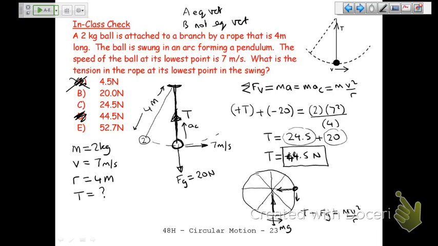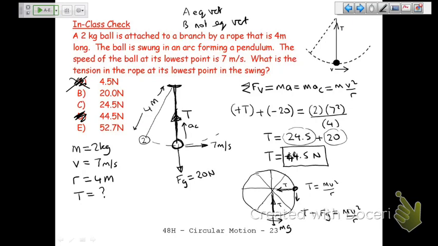So if I do this, then my mg is at 90 degrees to my tension. So for this one, T is equal to mv squared over r. The tension's less because it's only taking care of centripetal acceleration.